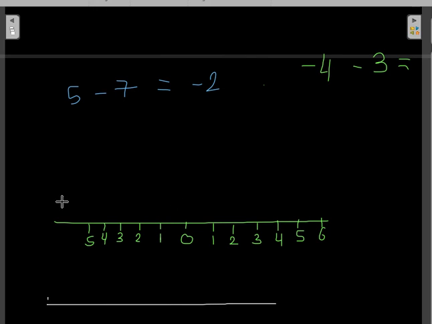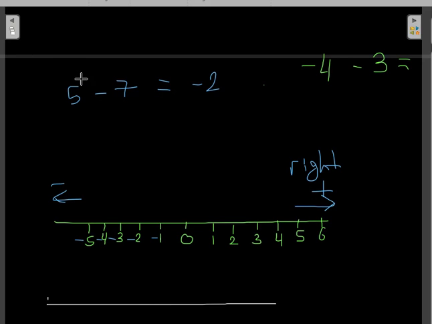Okay, so let's complete our number line. We know the left hand side of the number line is negative. So let's start: negative 1, negative 2, negative 3, negative 4, negative 5. 0 is neutral. And then the right hand side is positive, right? And this completes the number line.